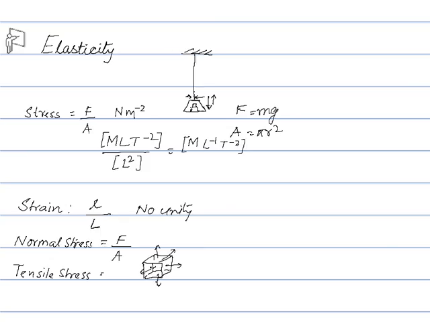If we apply force along all the free directions, what will happen? The volume of this block will increase. So this type of stress results in a change in volume, therefore the stress is called volume stress.